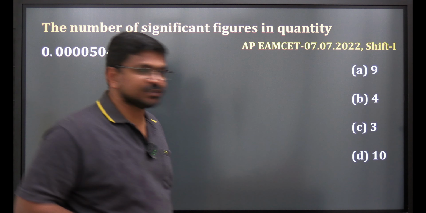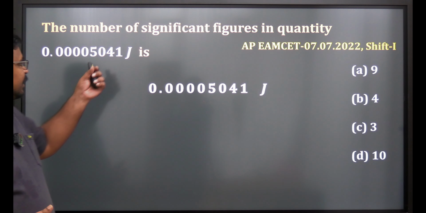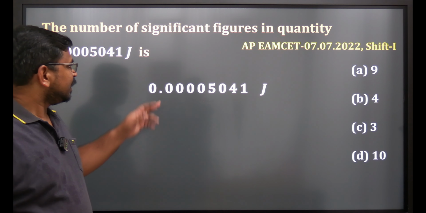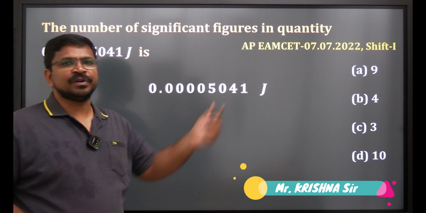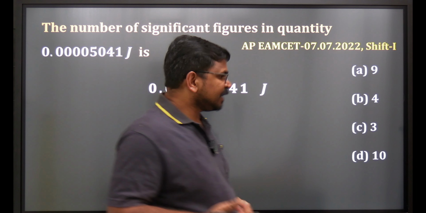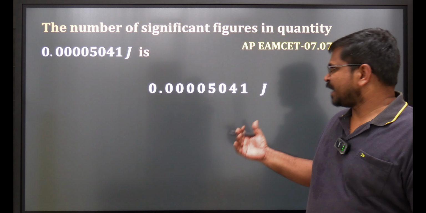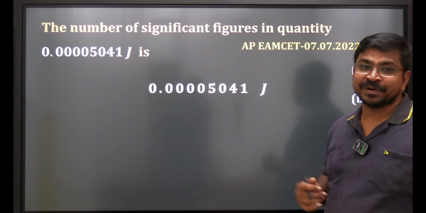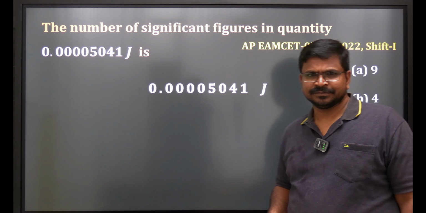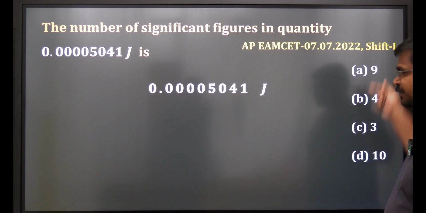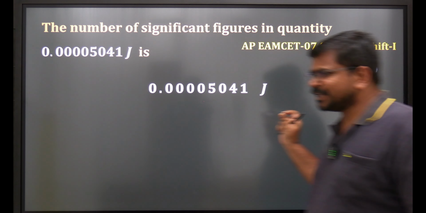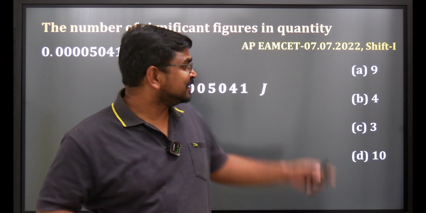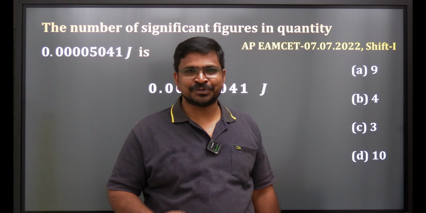Let me come to the same question again. The given quantity is 0.00005041 joules. If you observe carefully, it looks like there are 9 digits. In our options, the first option itself is given as 9 to tempt you students.